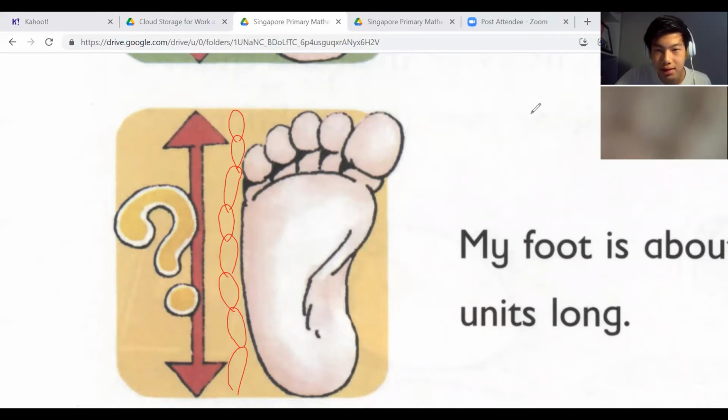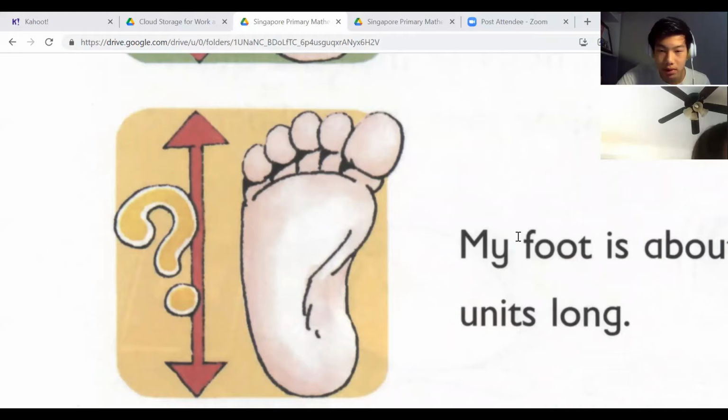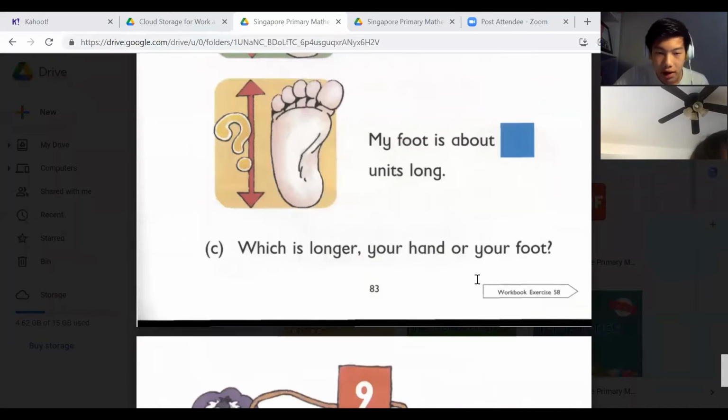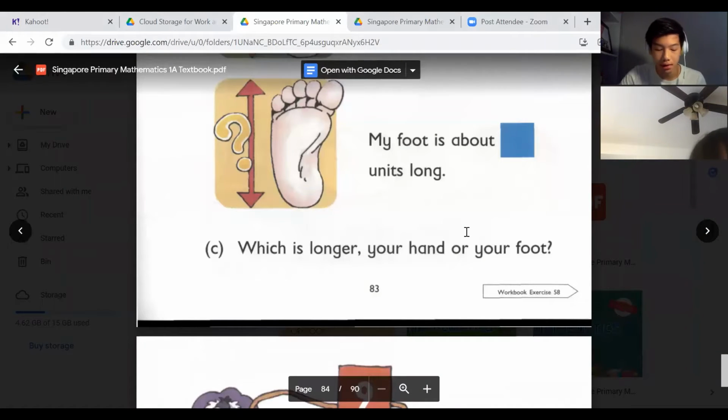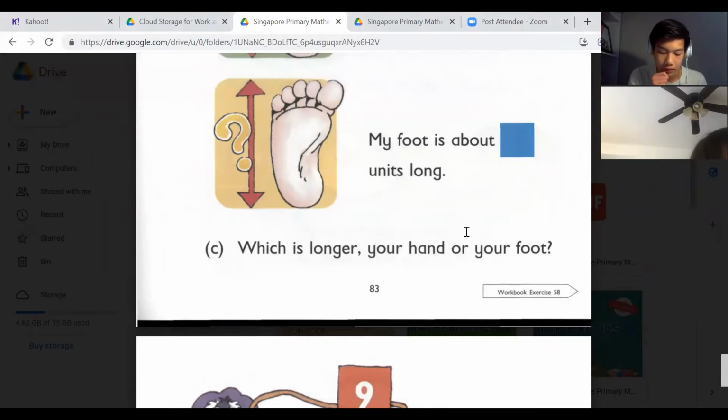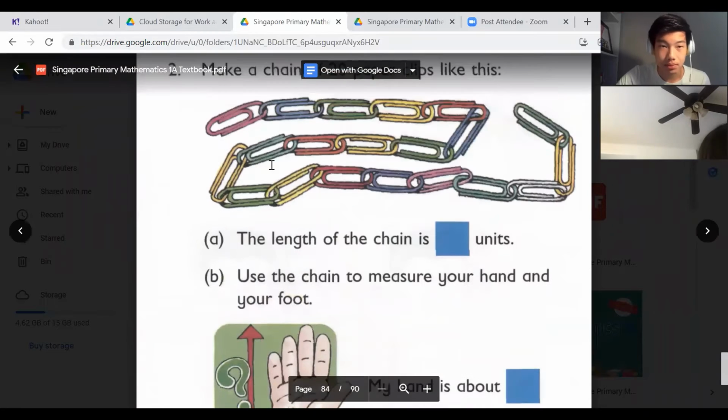Yes, perfect. Yep, nice job. Okay. Okay, so now, which is longer, your hand or your feet, or your foot? Your foot? Yes, perfect.